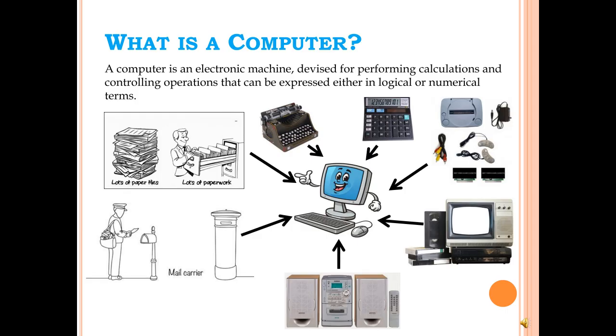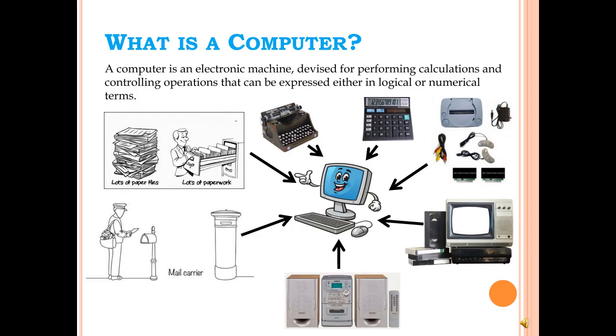So, as you can see, the topic is what is a computer. A computer is an electronic machine devised for performing calculations and controlling operations that can be expressed either in logical or numerical terms. Most people see it as an electronic machine, and it's true.